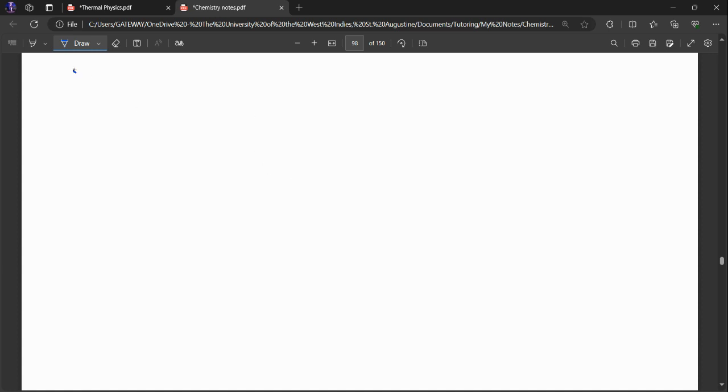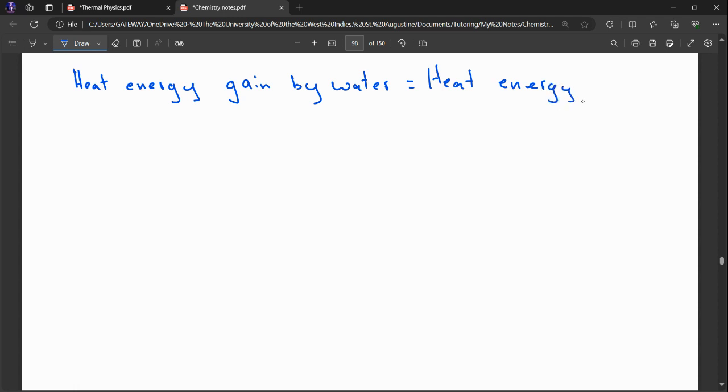So heat energy gained by water is equal to heat energy loss from the block.